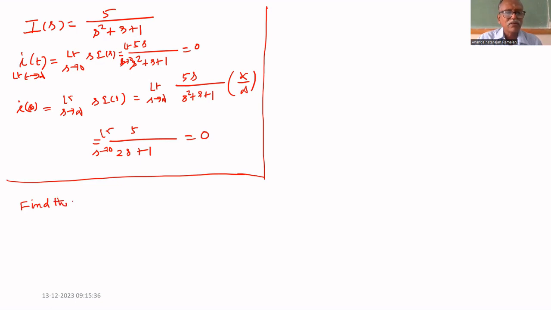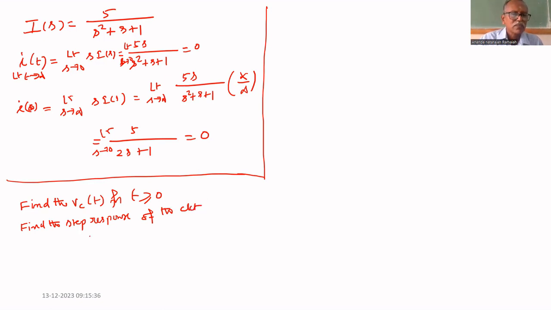Find the VC of t for t greater than or equal to 0, or find the step response of the circuit where VC of t is the output.